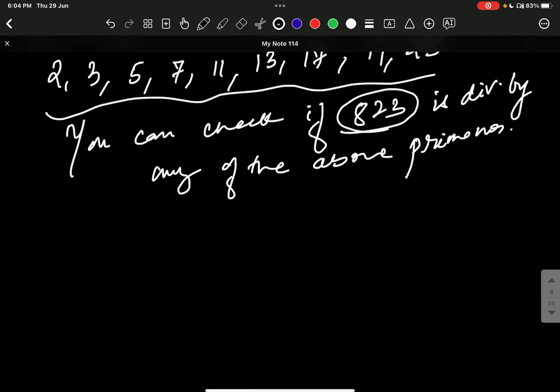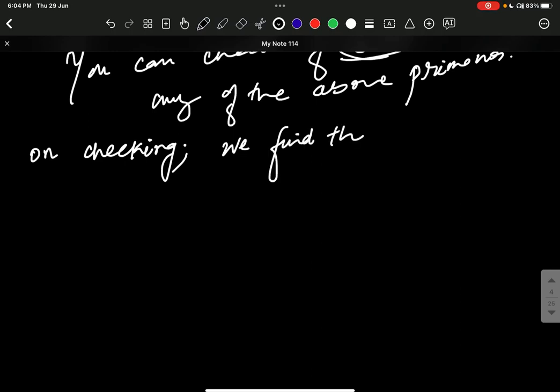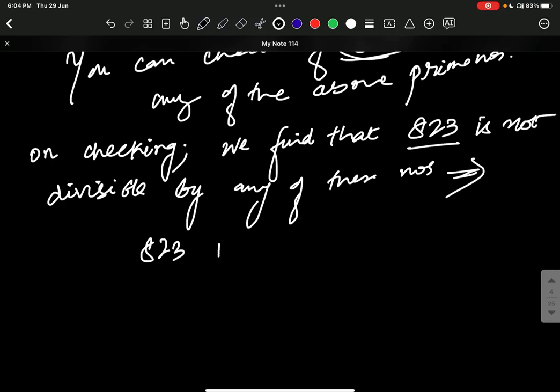I'm assuming that you can check it yourself. On checking, we find that 823 is not divisible by any of these numbers, which implies 823 is a prime number.